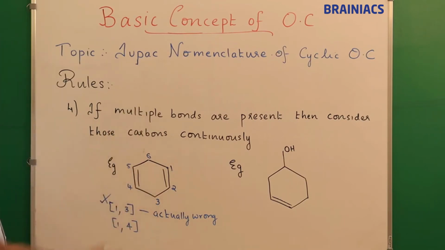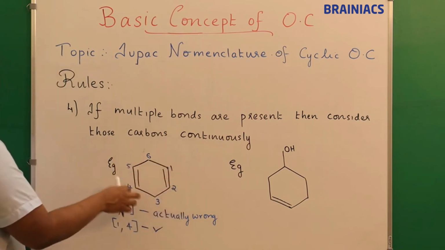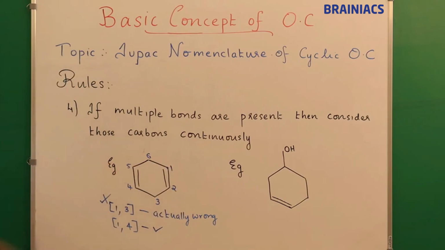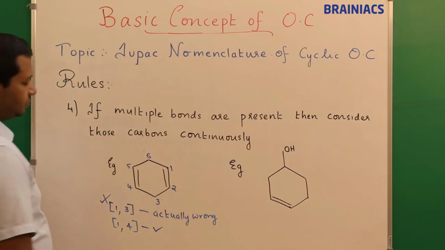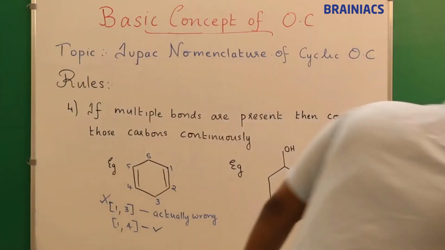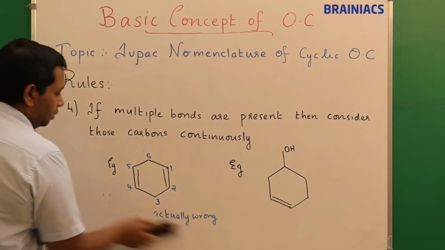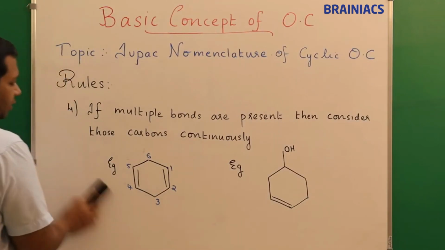So tell me now what is the name of this compound. This is the correct one, what I have written here. So 1, and among this the lowest one is 4. So what is the name I can give here? Tell me. So let me rub this. Okay, what is the name we can give here?